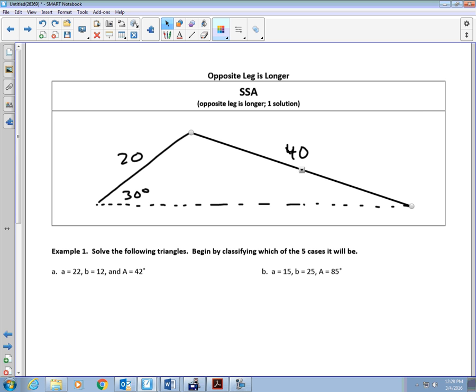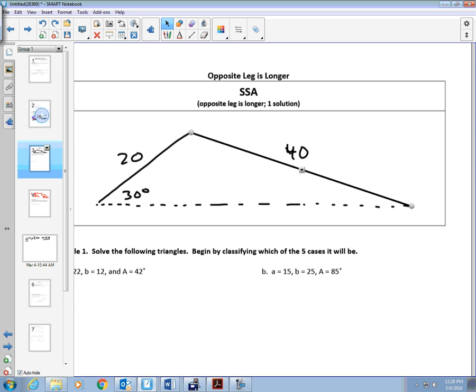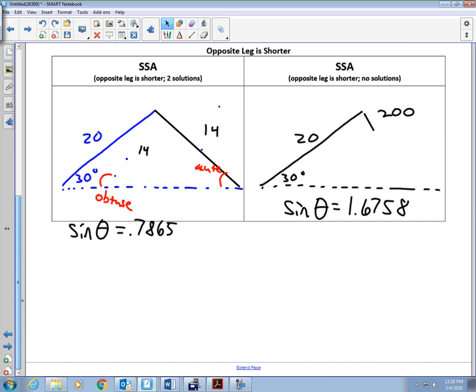If 30 degrees is opposite 40, and this side is 20, this angle must be less than what angle? Less than 30, right? So therefore we know this must be acute. There's no question of whether it could be acute or obtuse. It's going to be acute because of that setup. Whereas in the other scenarios, that was completely different.